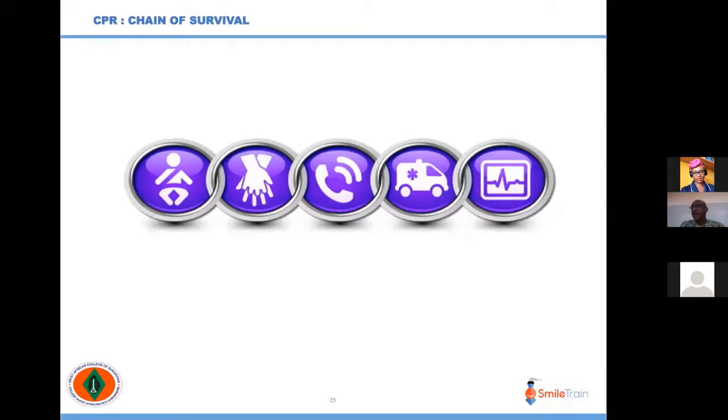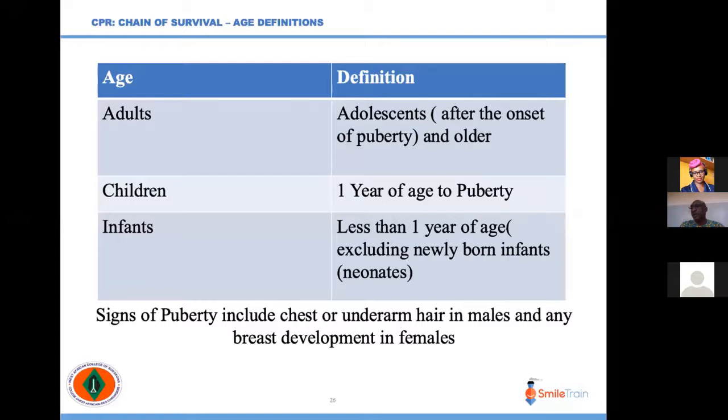Who do we call a child? In the AHA definition in our resuscitation sciences, a child is anyone 1 year of age up to puberty, and puberty here is considered as when someone has hair on the chest or in the underarm in males, and breast development in females.